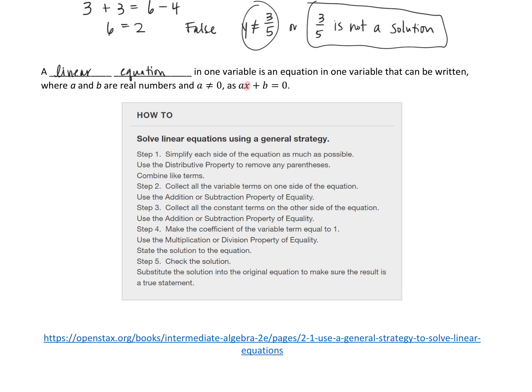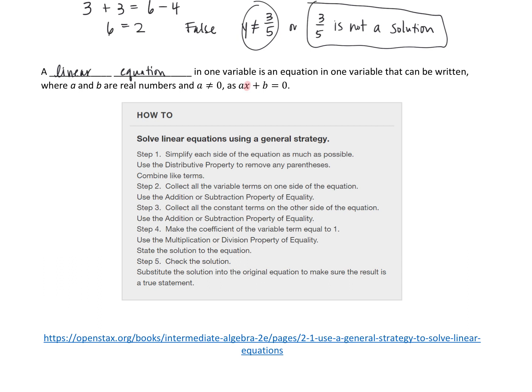It could be any letter or any variable. Notice the x does not have an exponent on it. It's not like x squared, because then that would no longer be linear. That would be quadratic. It's just a plain x. There's no exponent on it. It's not under a radical. That is a linear equation, an x to the first power.